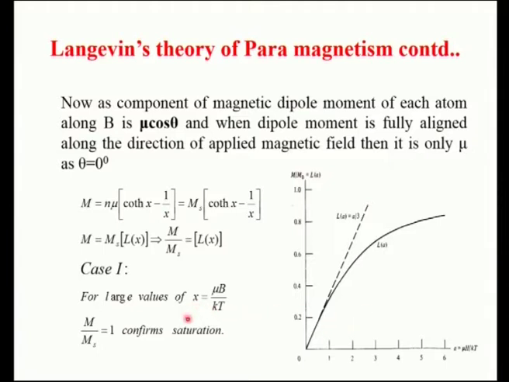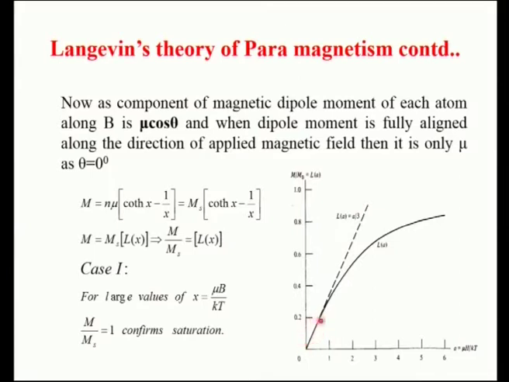So this is the high temperature limit near the origin, and this approximation or limit is valid only along this region where the curve and the straight line approximation both coincide or are overlapping.